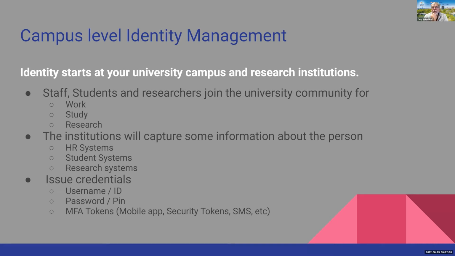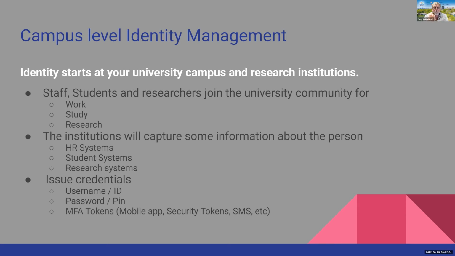Staff and students and researchers join the university community for these things. They go to university to learn, basically. And the university or the institution will capture some personal information about the individuals and store it in the HR system, the student system, the research systems, the learning management systems, and so forth.